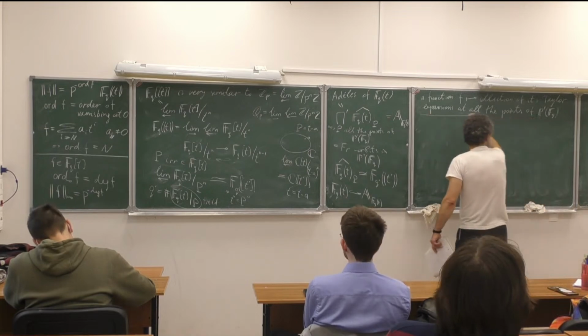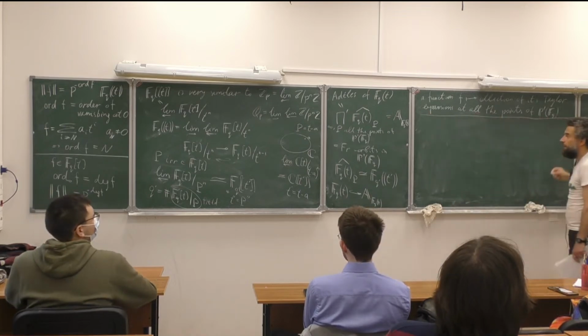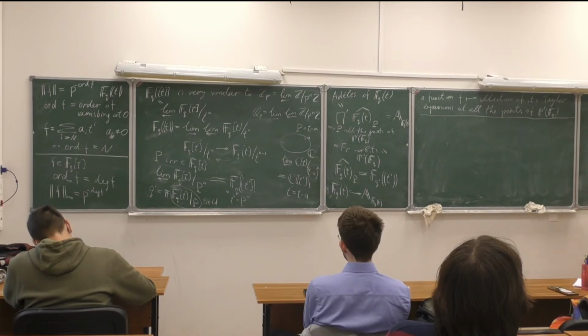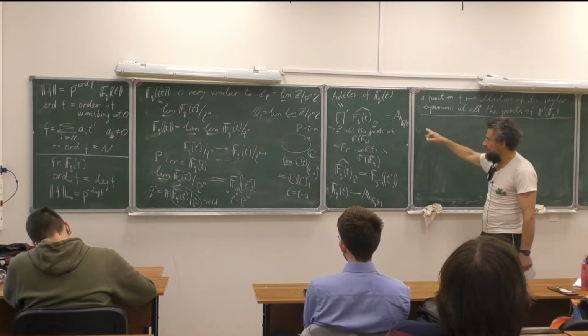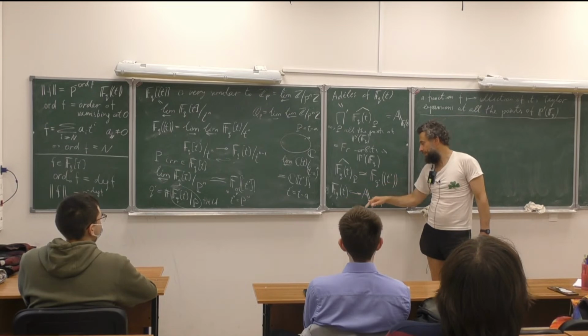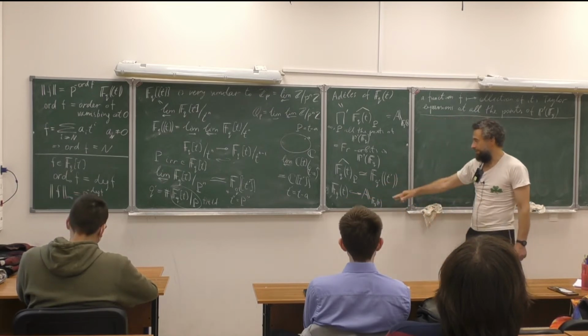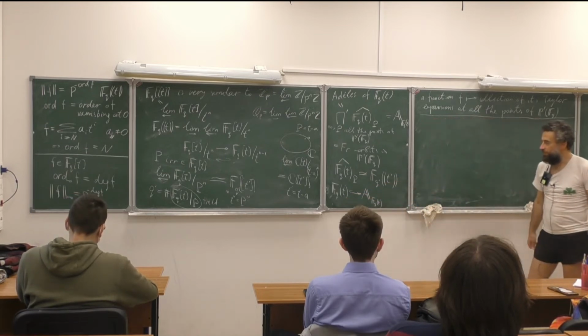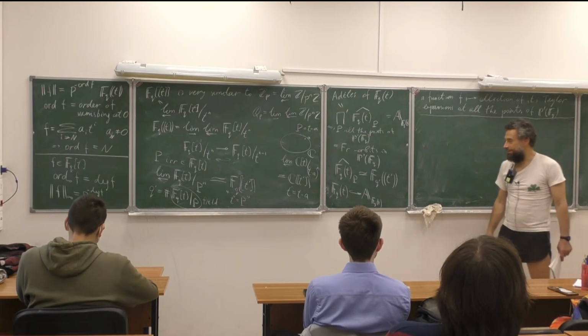Okay, one last thing I want. So you solved your home assignment that the embedding of rational numbers into the adeles has discrete image in the restricted product topology, and the same is true here.